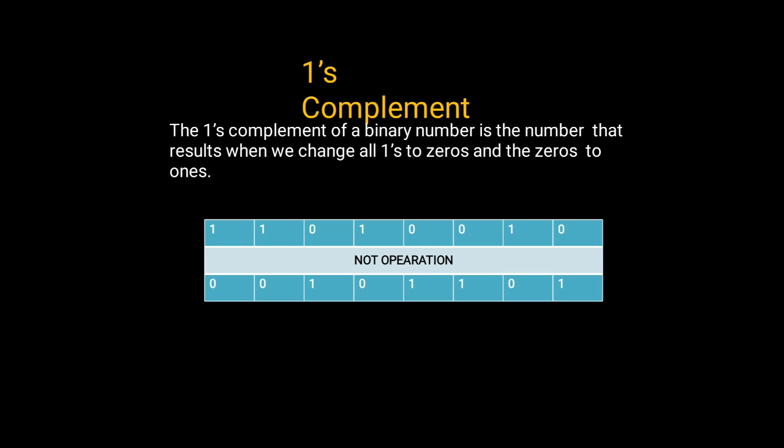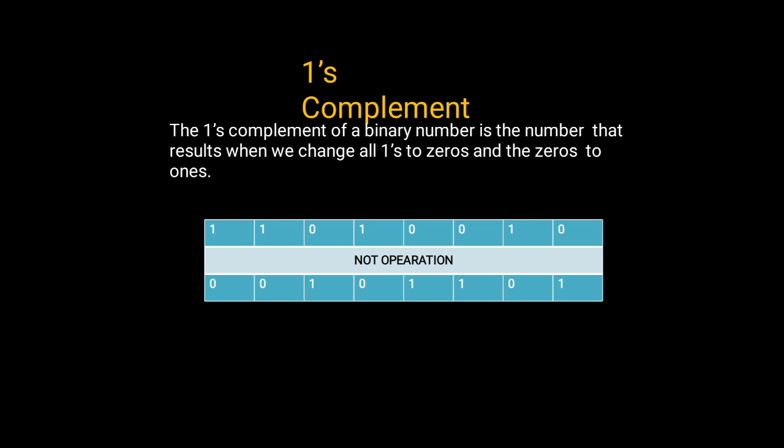Next, come to the point, the first complement, ones complement. So what exactly is the ones complement? The ones complement of a binary number is the number that results when we change all ones to 0 and all the zeros to ones. That is called a ones complement. Means we have to change ones to 0 and zeros to ones.